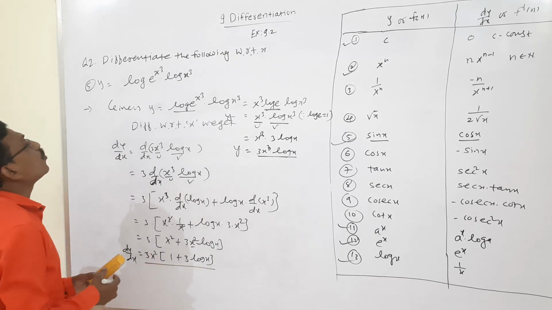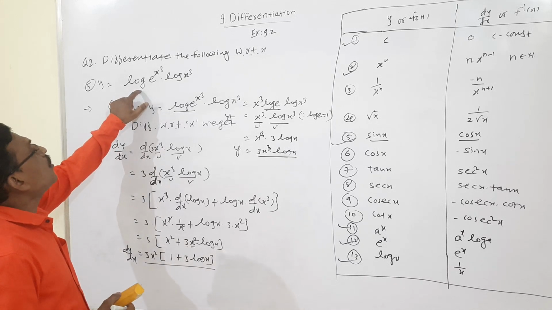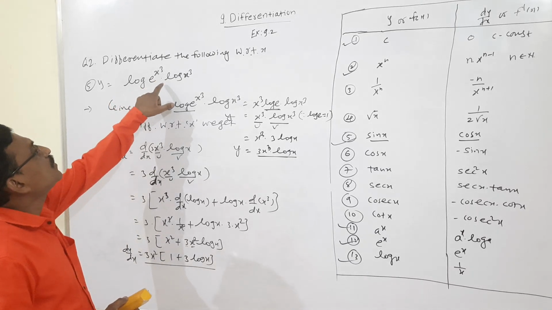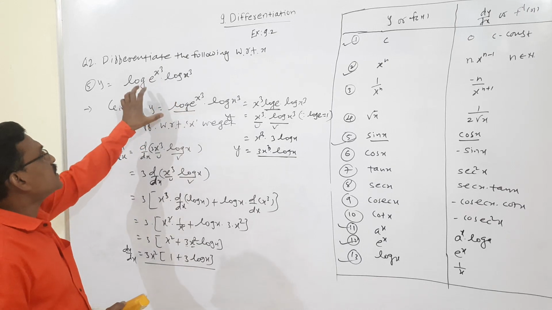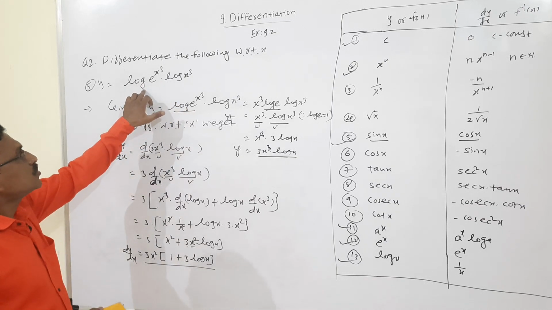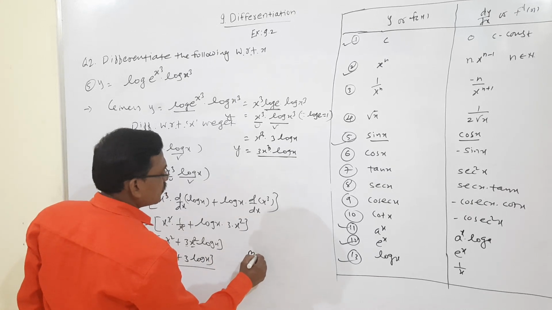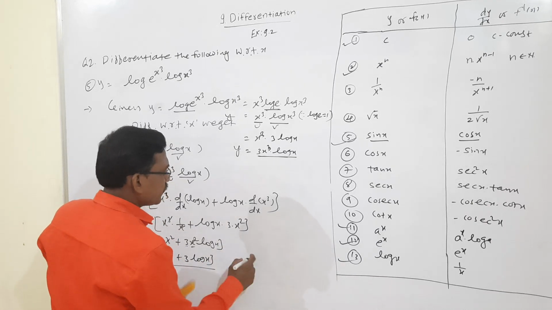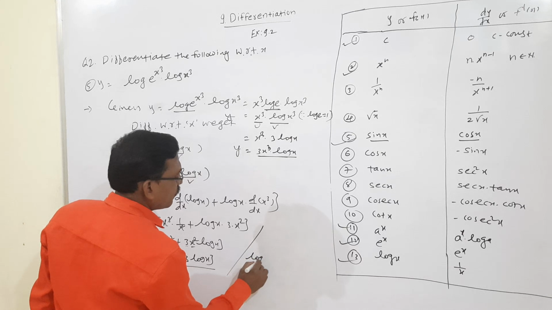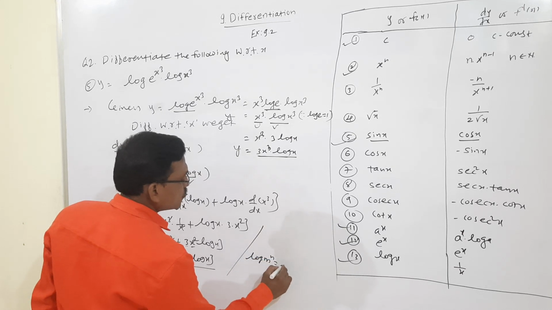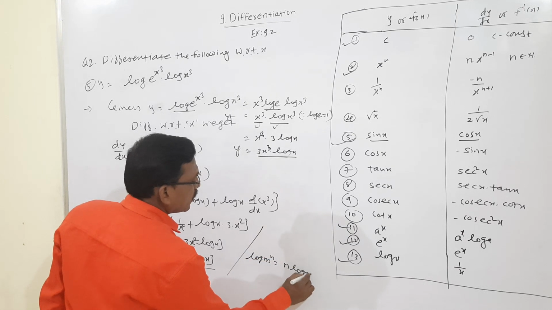The function is y equal to log of e to the power x cube into log x cube. We simplify this by using the rule log of m raised to n gives n log m.